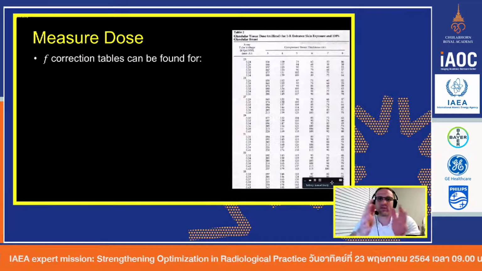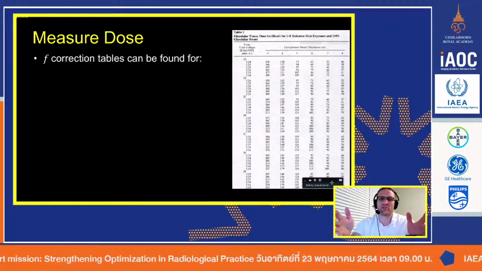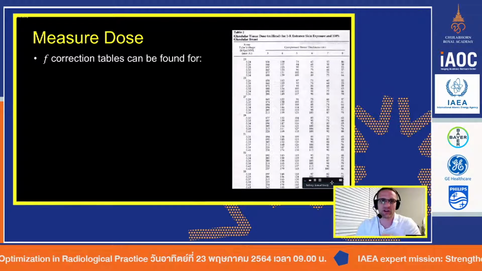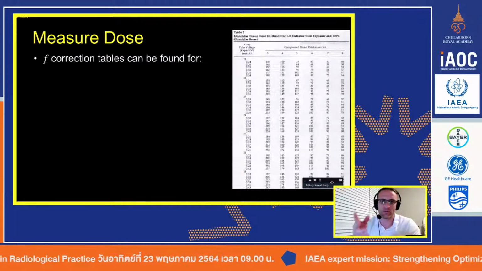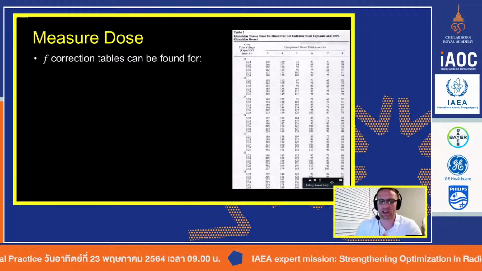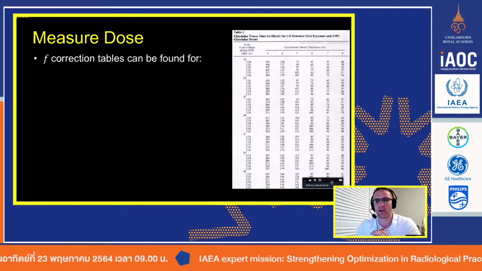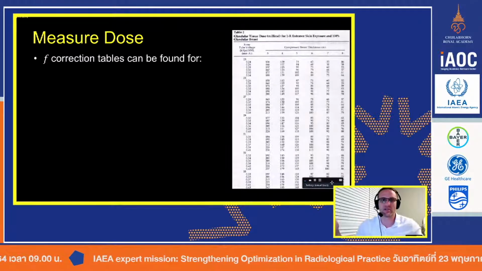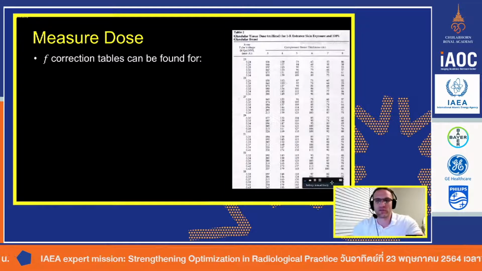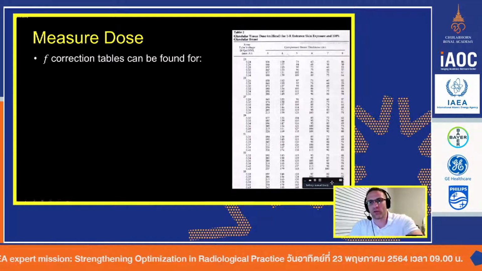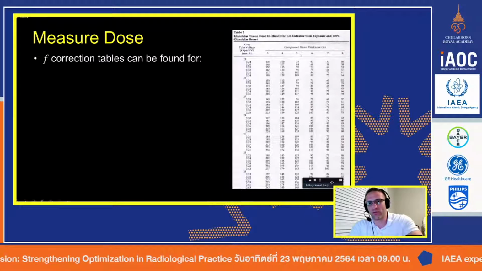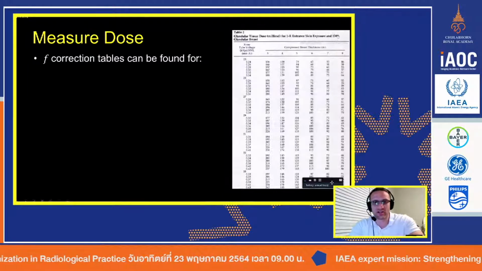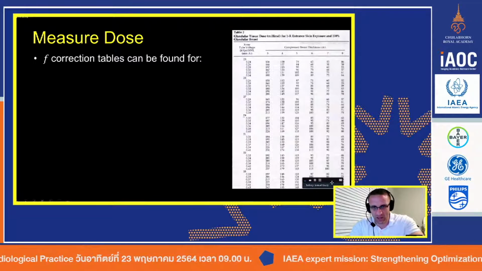Now, once you have 3 or 4 of these lookup tables, you can actually put them in an Excel spreadsheet, or if you like to use Python or MATLAB or R, however you like to do your software programming, you can create it so that you can interpolate between all of these values. So now you could figure out what a 4.3, 4.5, or 5.7 thick breast is for any percent glandularity for any kV combination.